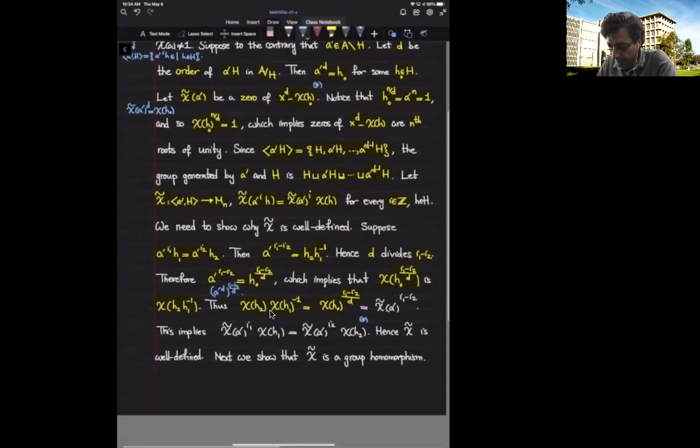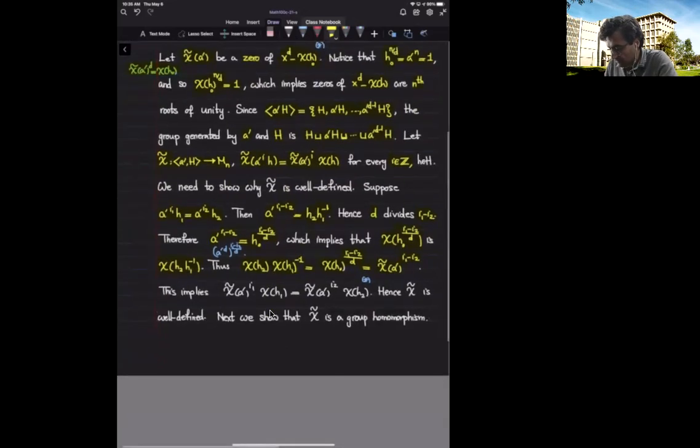Now, if I raise both sides to power (I1 minus I2) over D, this D cancels out this exponent, and I end up getting chi tilde of A prime raised to power I1 minus I2.